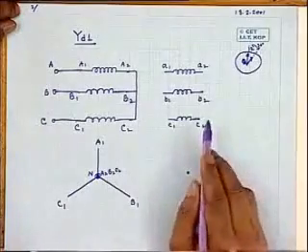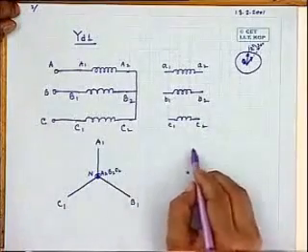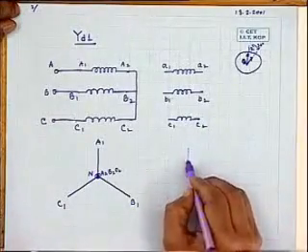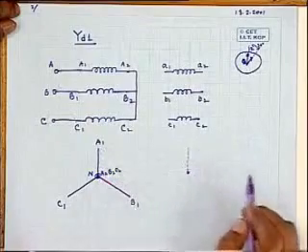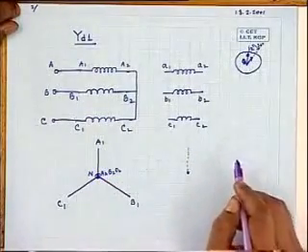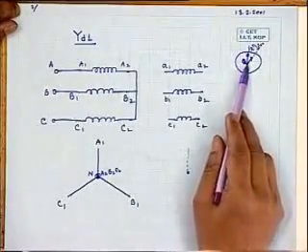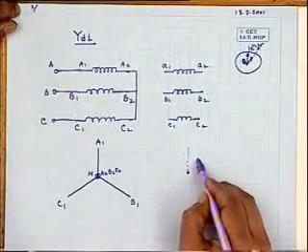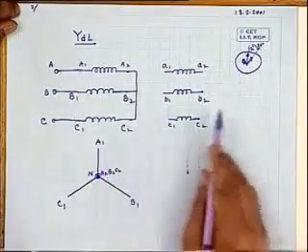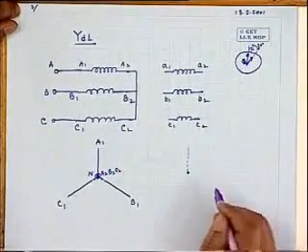Then the A phase voltage of the secondary side, had it been in the same phase, should have lain on this vertical line parallel to A phase. It is not. That secondary voltage should be here, lagging the primary voltage by 30 degrees.